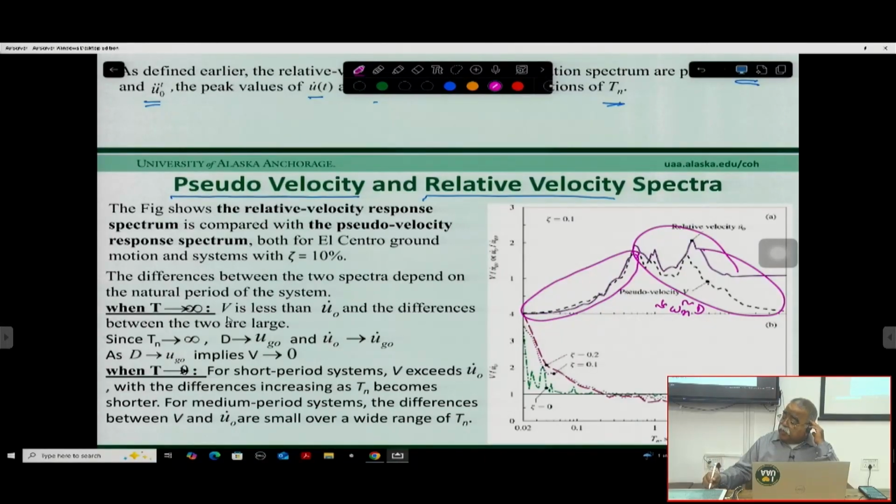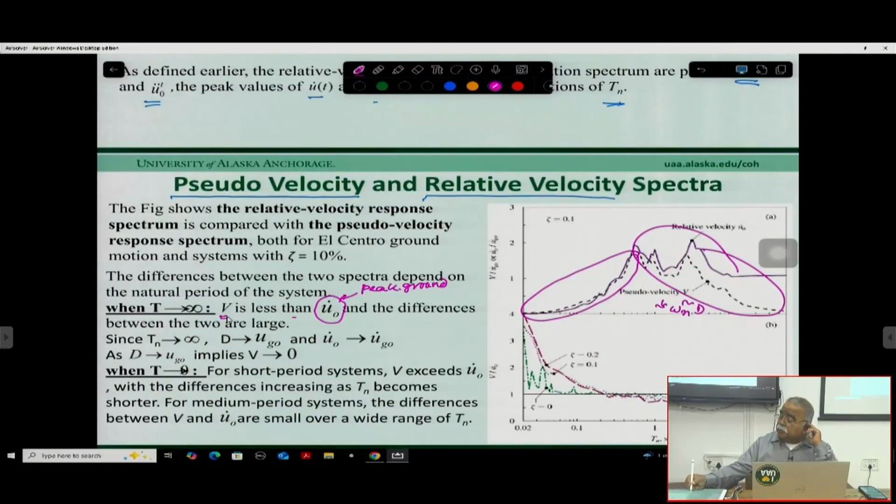If the pseudo velocity response V is less than u dot 0, that means the peak ground velocity, so this u dot 0 is the peak ground velocity, right?